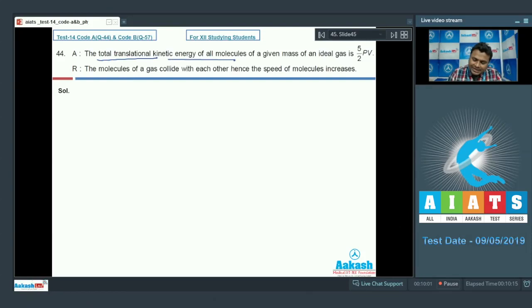The total translational kinetic energy of all molecules of a given mass of an ideal gas is given by 5/2 PV. Okay, let us check it. We know very well that the translational degrees of freedom are given by 3.